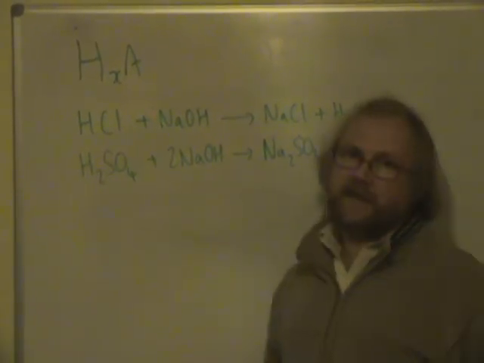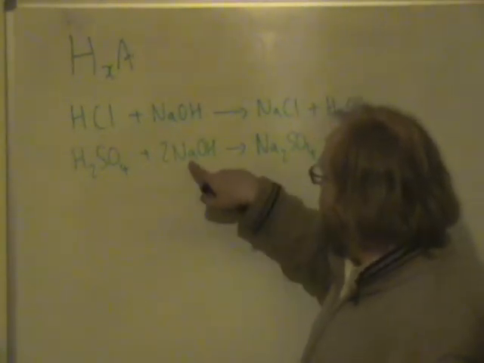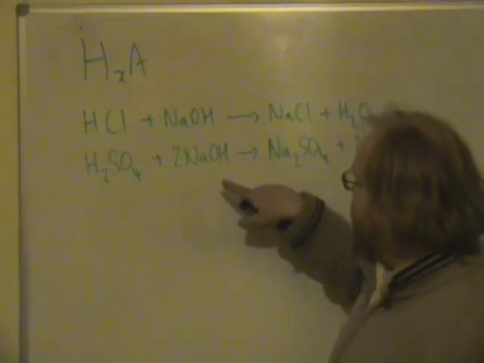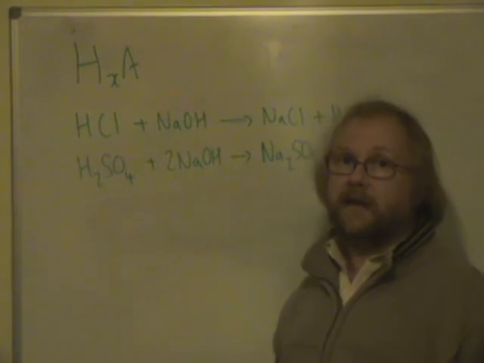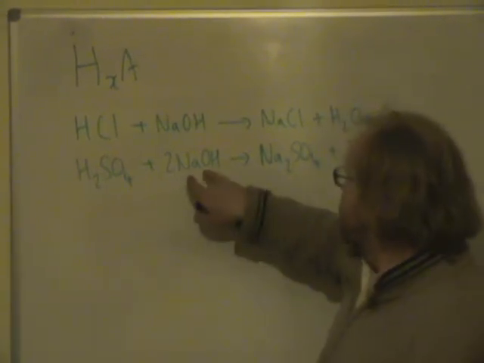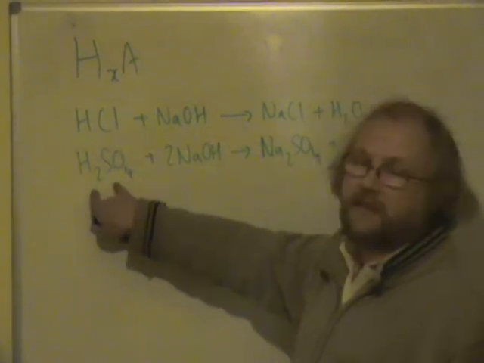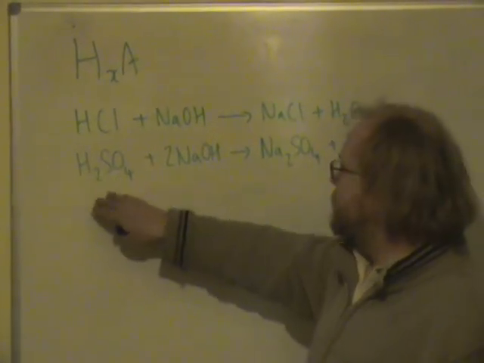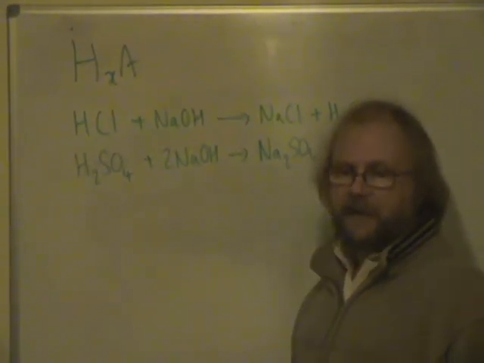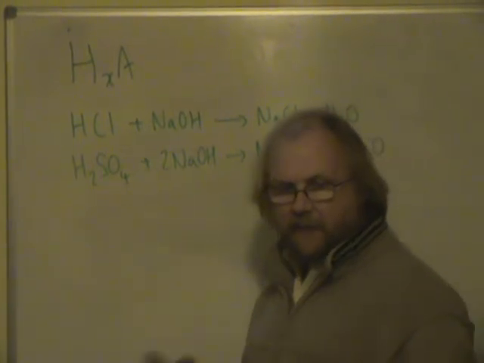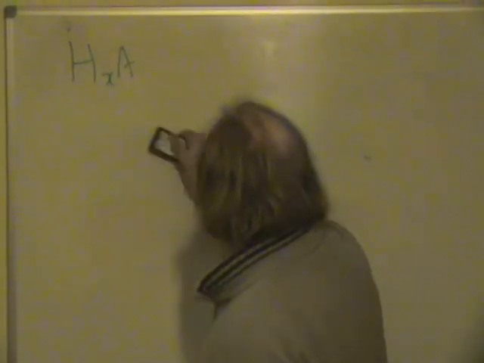So the important thing that you can now hopefully begin to see is that the relative number of moles of alkali to acid tells you how many H plus ions are made available by each molecule of the acid. So here twice as many moles of NaOH as H2SO4 are required, and that tells you that X is 2, that there are 2 H plus ions made available by the acid. So let's see how that pans out with tartaric acid, which is what they're asking about here.